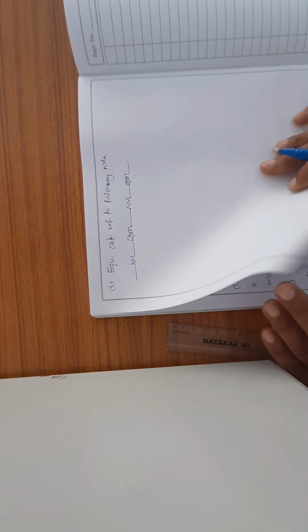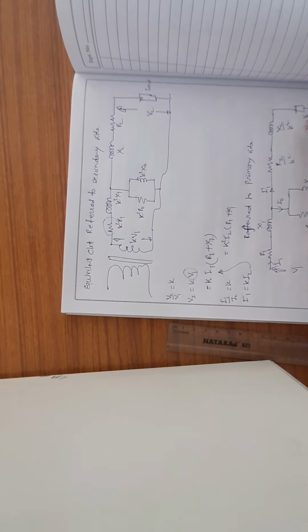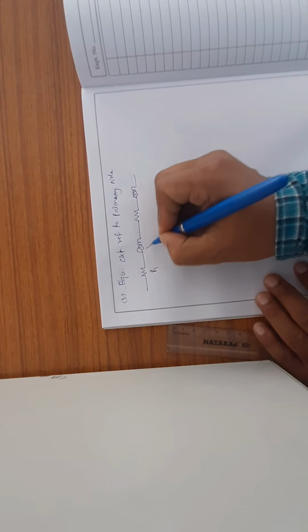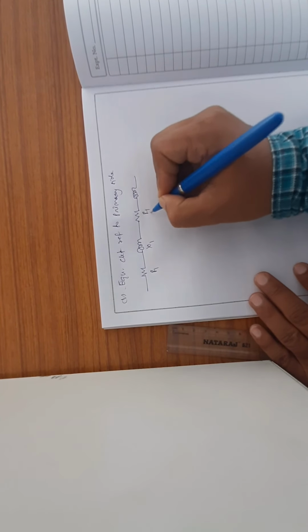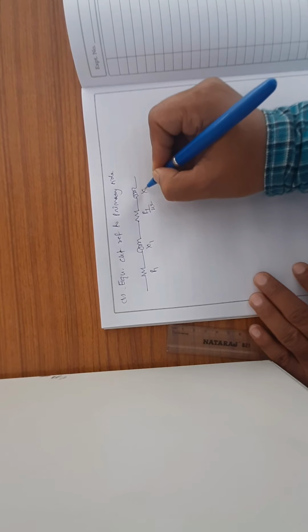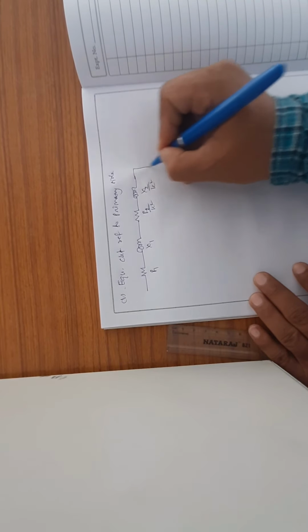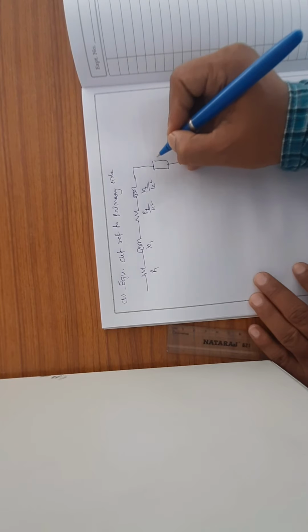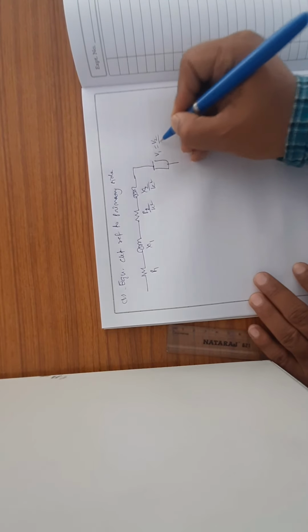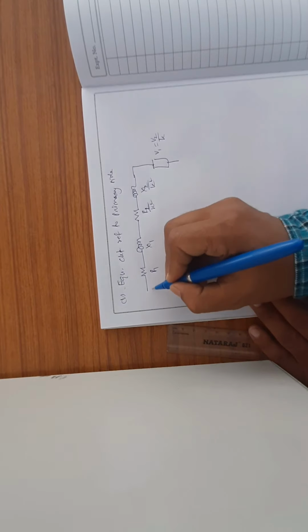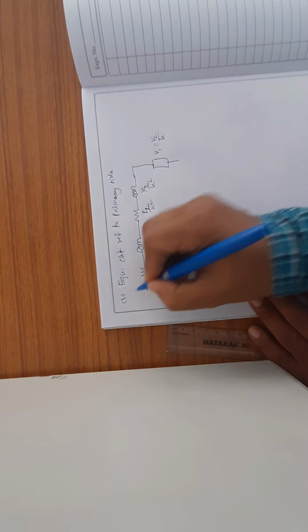What will be the value when referred to the primary side? R2 upon K square, R1, X1, R1 upon K square, R2 upon K square, X2 upon K square. The voltage will be V1 equal to V2 over K. V1, I1.